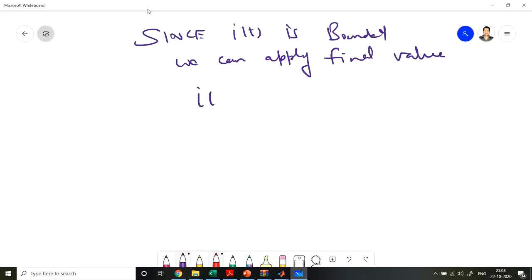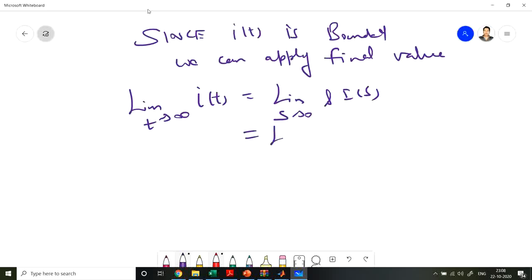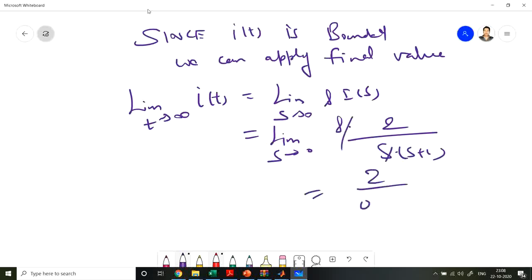So the final value is limit t tends to infinity i(t), which is nothing but limit s tends to 0 of s into I(s), that is limit s tends to 0 of s into 2 divided by s(s plus 1), so it is equal to 2 divided by 0 plus 1, that is equal to 2. So the final value, the answer, is 2.